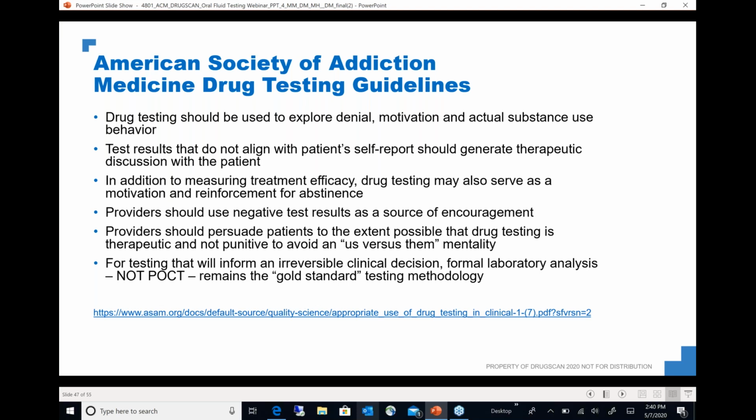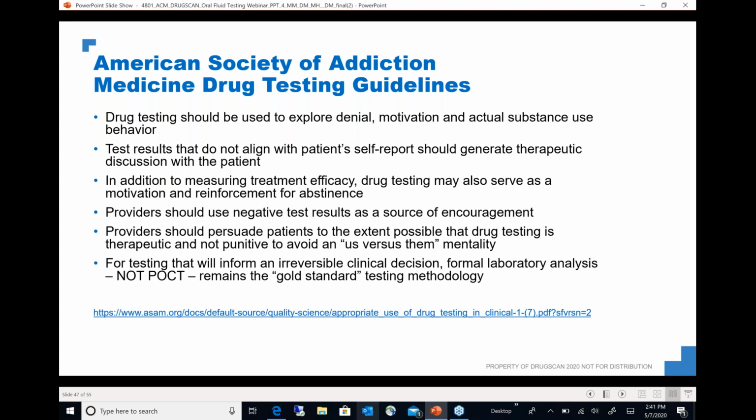Test results that do not align with the patient's self-report should generate therapeutic-based discussions with the patient. In addition to measuring the efficacy of the treatment for those individuals within an addiction program, drug testing may also serve as a motivation and reinforcement for abstinence.